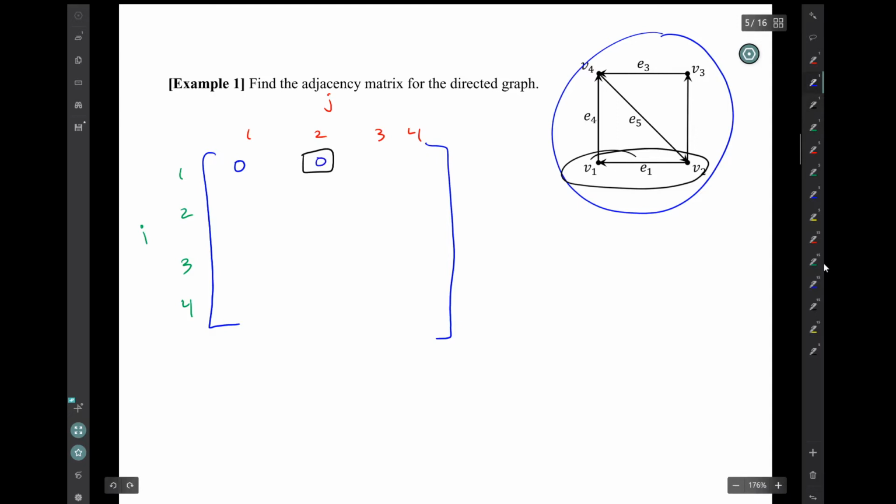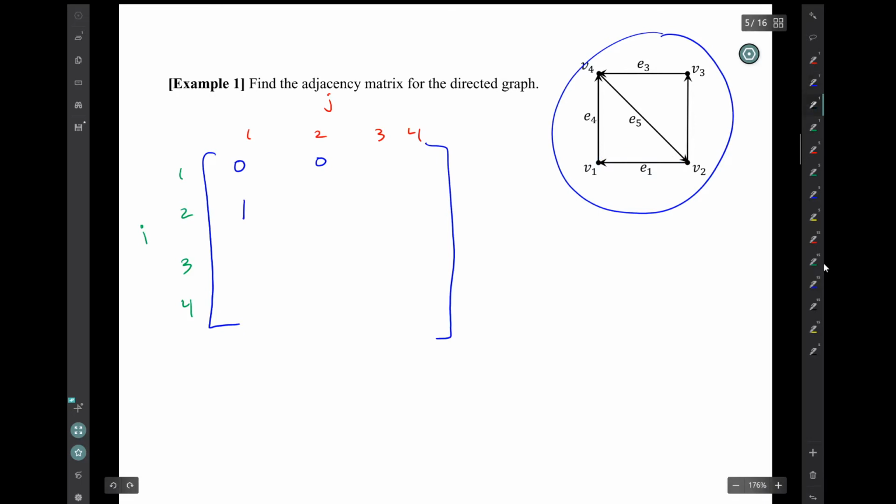Now this is pretty tedious. It might be simpler to just figure out what all the arrows of the graph correspond to and put those entries in the matrix. So let's start with this. Edge 1 goes from V2 to V1. So there's 1 arrow from V2 to V1. So there's a 1 that goes here. Edge 2, oh, I've got a typo here.